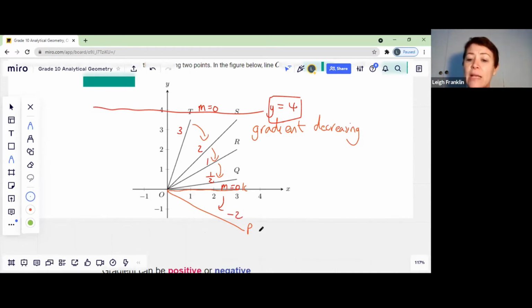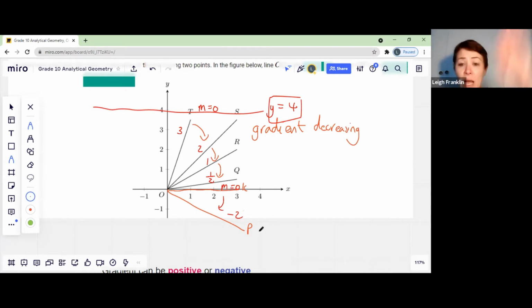Okay, so Nzole, it measures gradient. It measures how steep the line is. So again, place yourself, Nzole, at the origin. Now imagine I say to you, walk from O to Q. All right, it's not that steep. You're not going to mind. But if I say to you, Nzole, walk from O to T, you're going to be exhausted by the time you get there, aren't you?